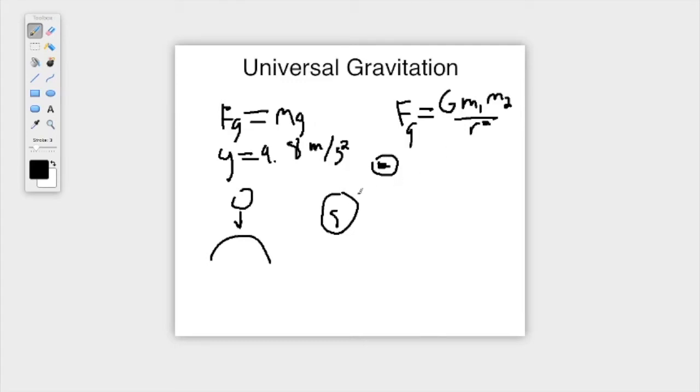R is the distance between their centers. So this distance right here is R. And G is a constant that most physicists use, and that is 6.67 times 10 to the negative 11th.